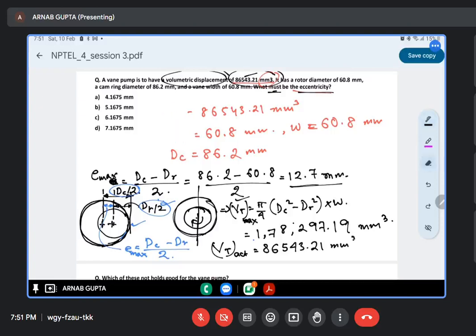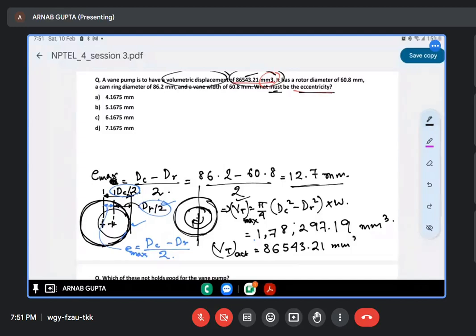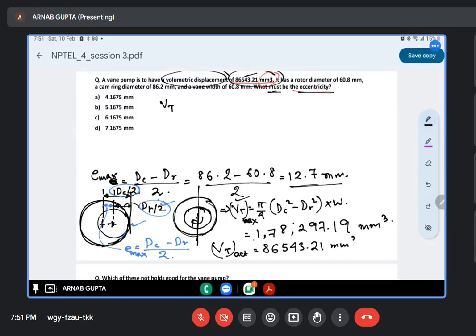So let's say, okay, if we try to put it this way, Vt actual is equal to this. This comes from the E for E max.